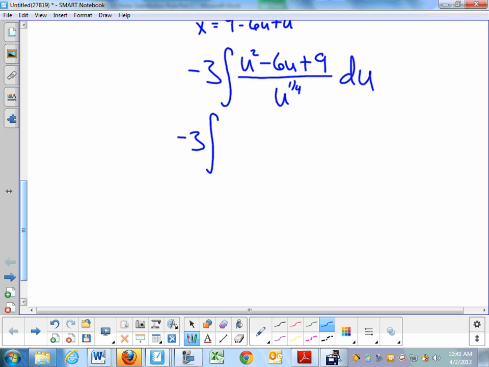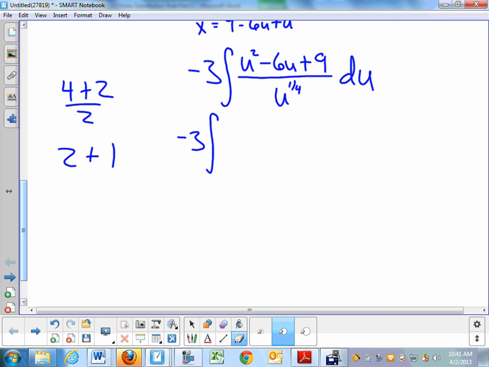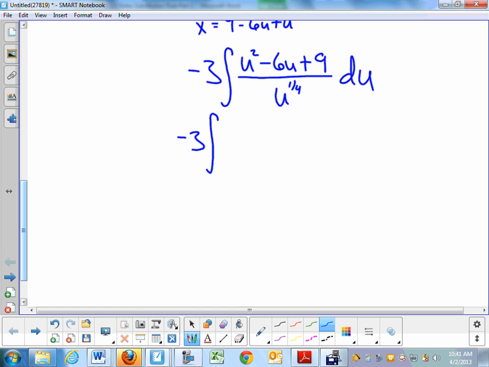You know, if you have like 4 plus 2 divided by 2, you can't cross off the 2's, but you can divide the 4 by 2 to get 2, and the 2 divided by 2 to get 1. So you can do that. All right, so we've got u squared divided by u to the 1/4. So we subtract those exponents.